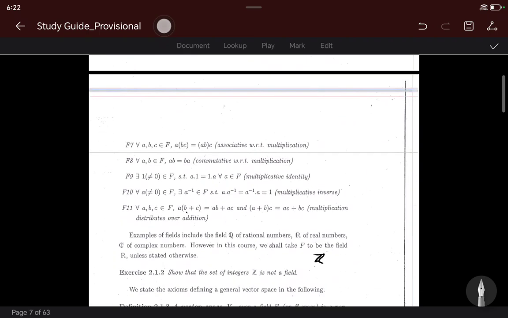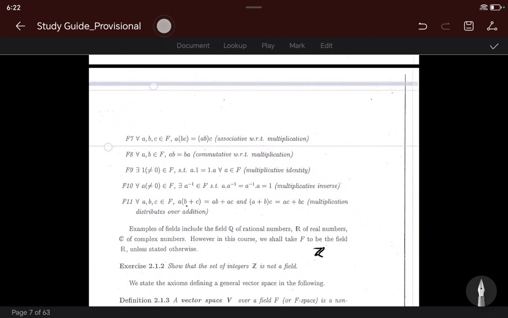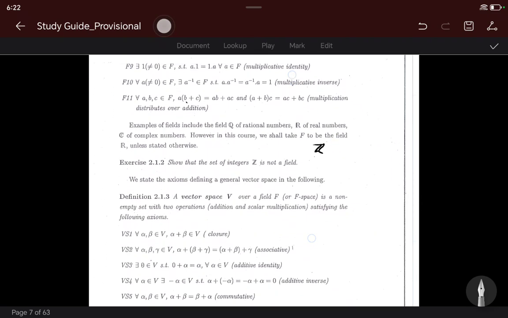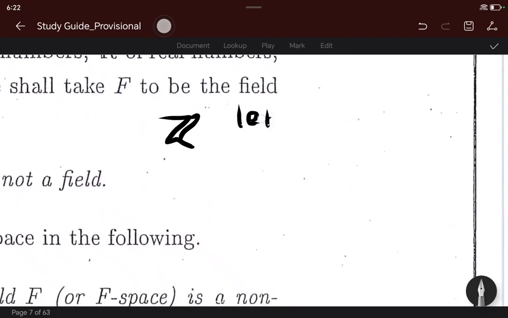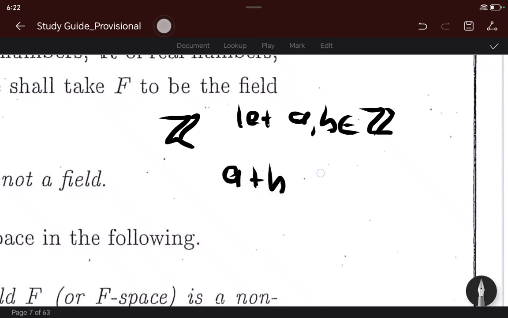For us to show that the set of integers is not a field, first we need to check this. Let's say I'm going to let a be an element of the integers. Then I know that if I add two integers, I'm going to get an integer.